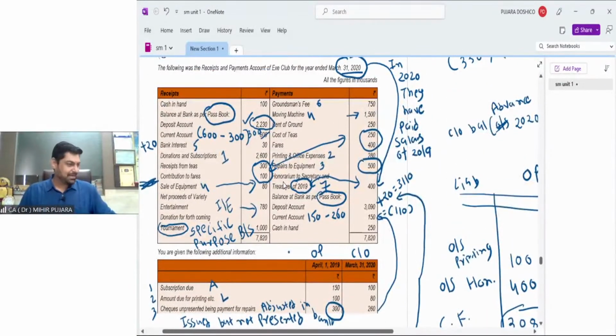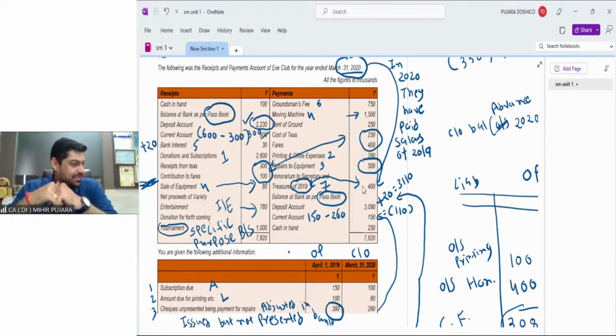Now friend, on payment side it is said that honorarium to secretary of 2019 is 400. So this payment is last year's payment, 400.